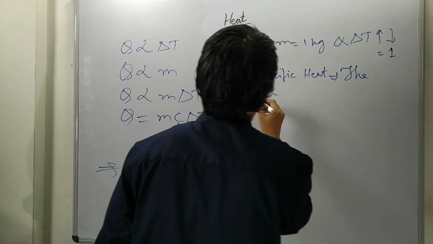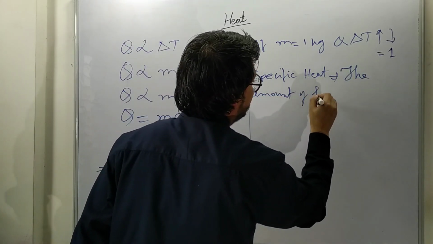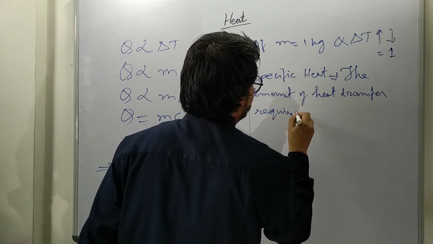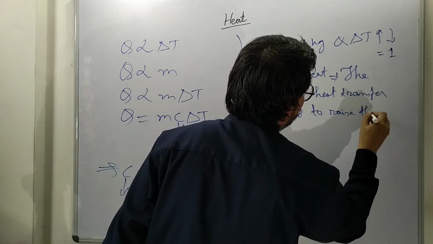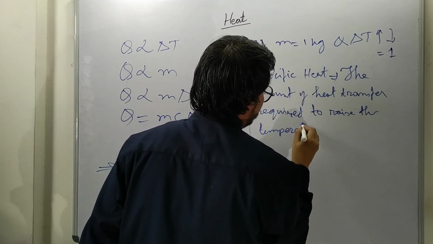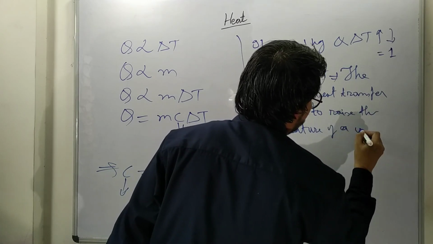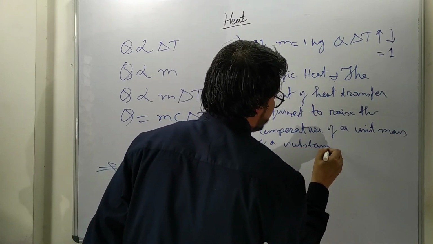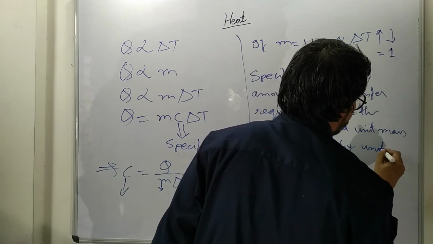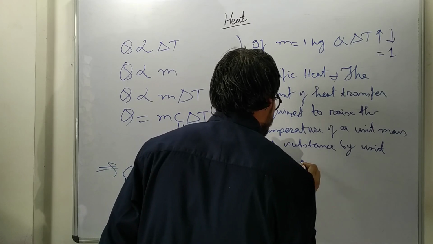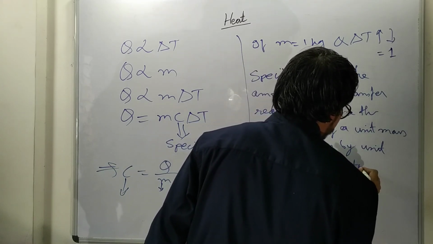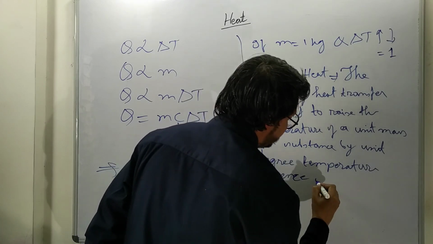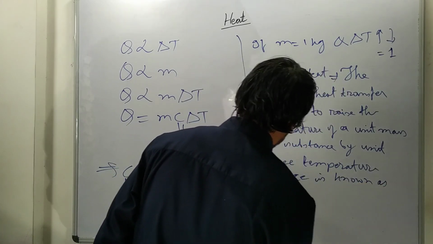The amount of heat transfer required to raise the temperature of a unit mass of a substance by unit degree temperature difference is known as specific heat.